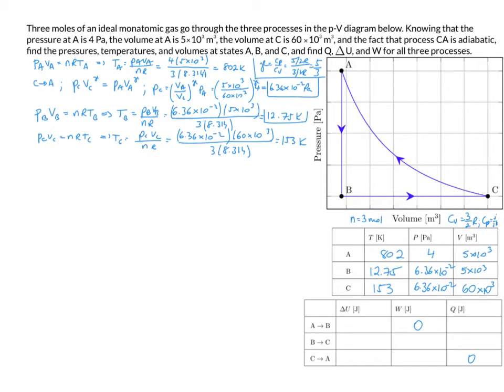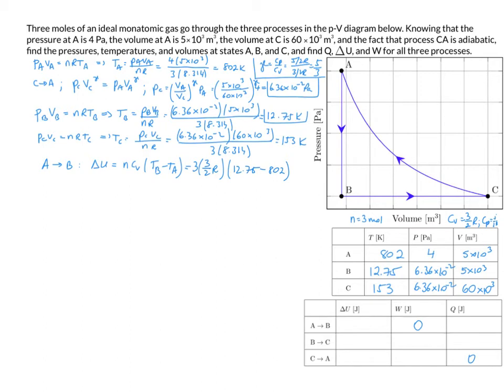So let's start with the very first one. From A to B, I'm looking for delta U, and I know that the equation for delta U is the same for all the different processes, and that is nCV delta T. So the delta T will be TB minus TA. So that is 3, CV is 3 halves R, TB is 12.75 minus 802.